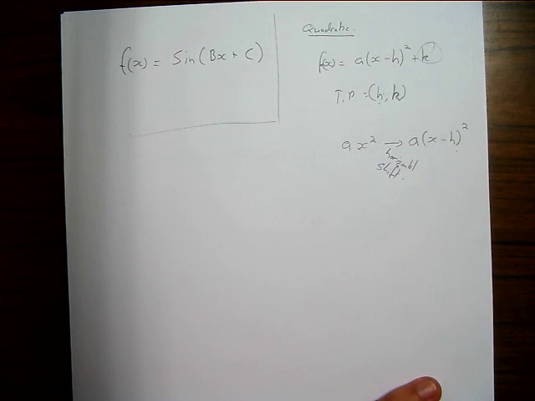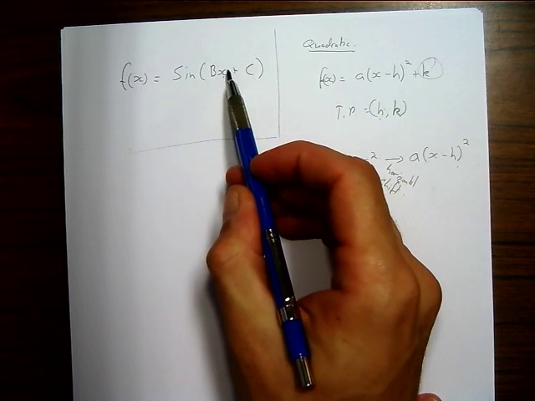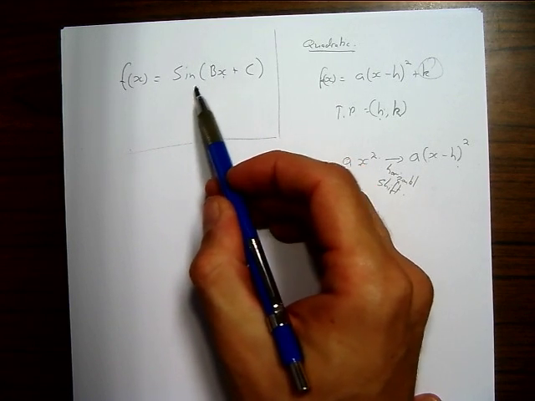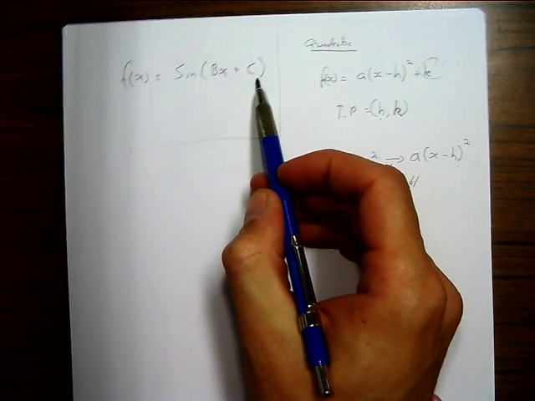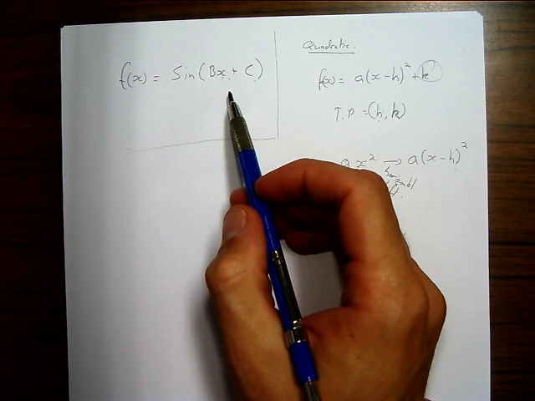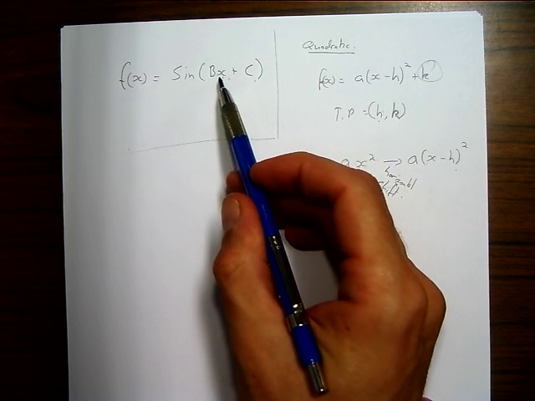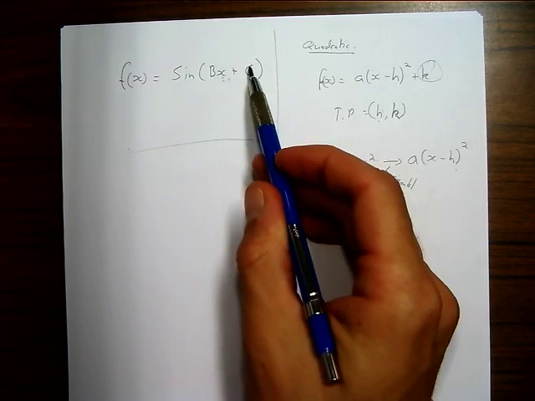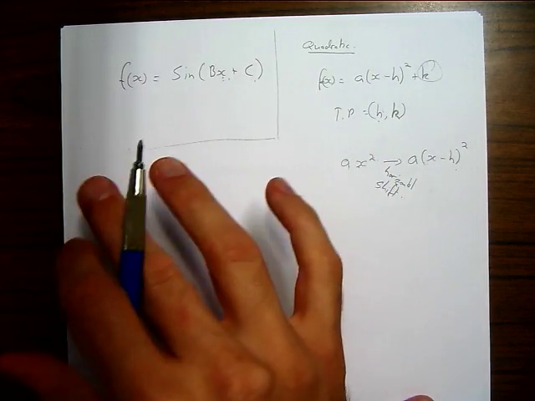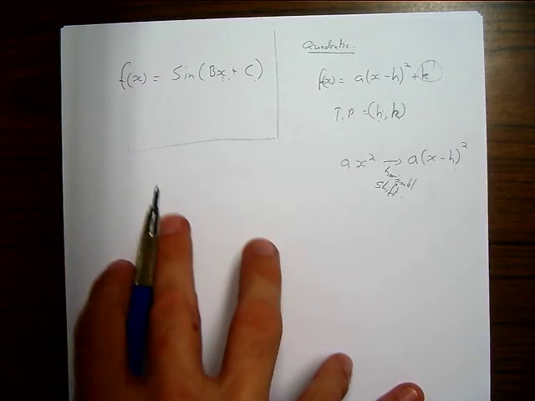Okay, so let's look back at the periodic function. Now I've taken this sine of bx and added something on. To give me the value of the horizontal shift, I really need to factorize what's in here. I'm just going to go through what I'm doing, and then I'll give you the actual thing that's important, like I normally do.